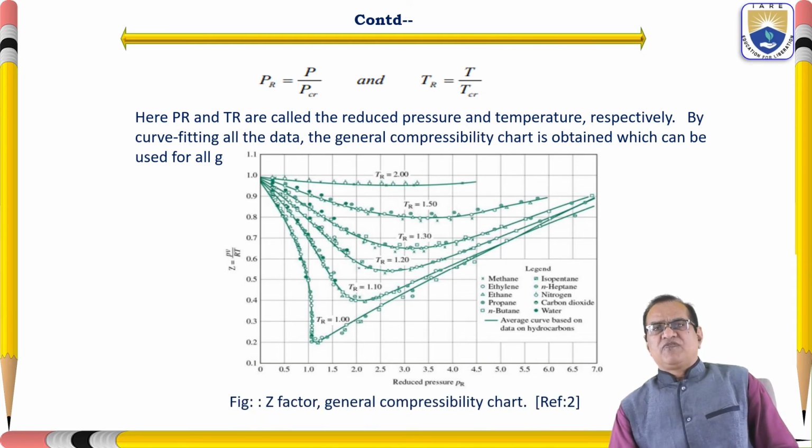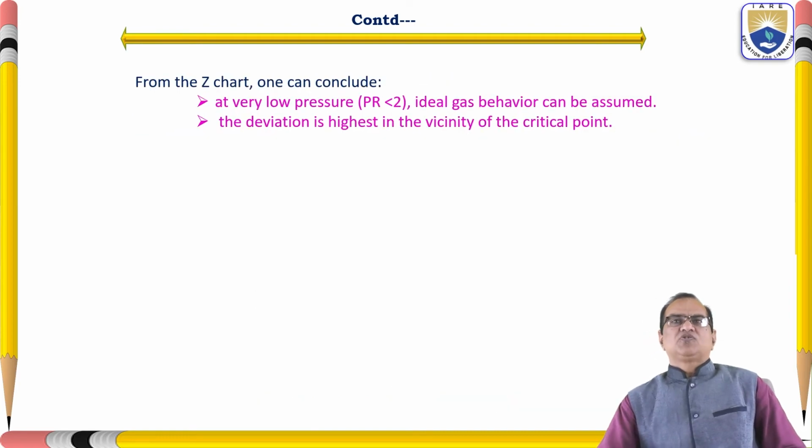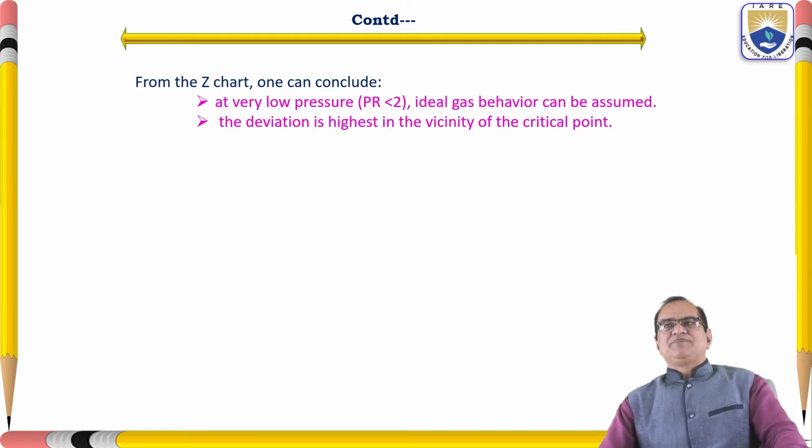Figure: Z factor, general compressibility chart, reference 2. From the Z chart one can conclude that at very low pressure, when PR is less than 2, ideal gas behavior can be assumed. So if the PR is less than 2, we can assume that this is the ideal gas.